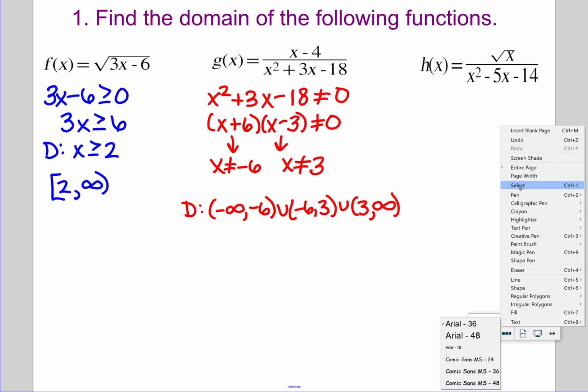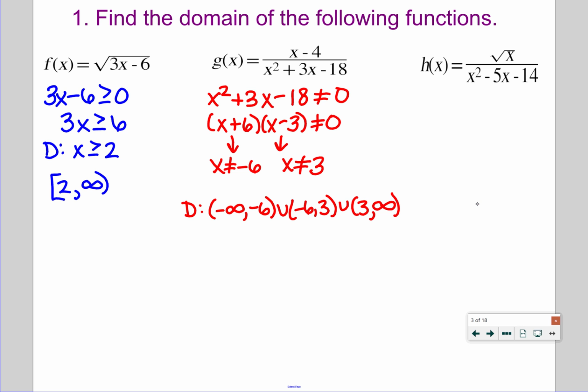All right, finally, let's look at problem H. We have a radical in the numerator, so that piece tells me that x must be greater than or equal to 0, and we'll come back to that in a minute. In the denominator, x squared minus 5x minus 14 cannot equal 0.